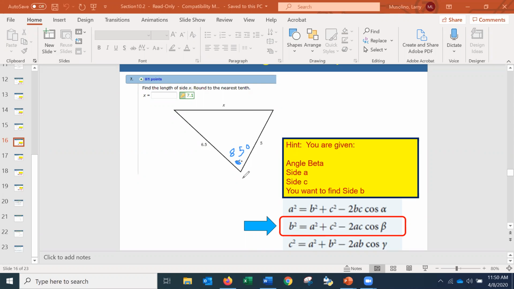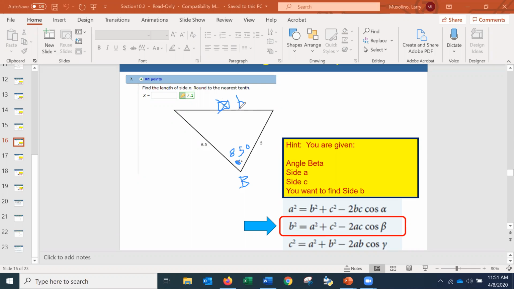All right, Gennaro, I just marked up my triangle to match yours. So they want to find side x. If I label this as angle B, then instead of writing it as side x, I'm going to write it as side b.